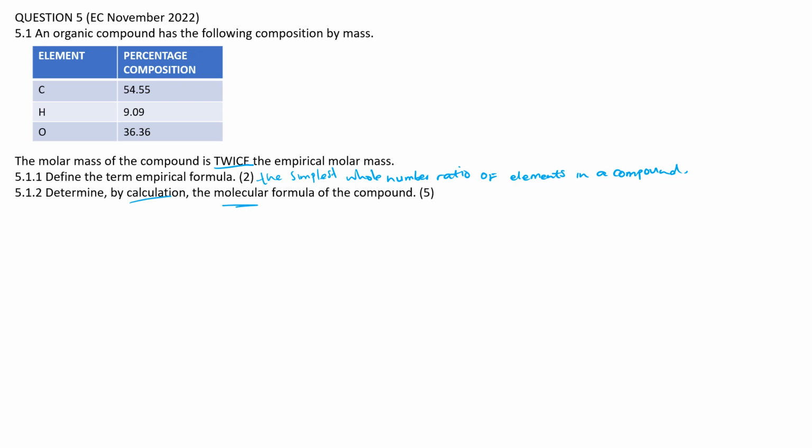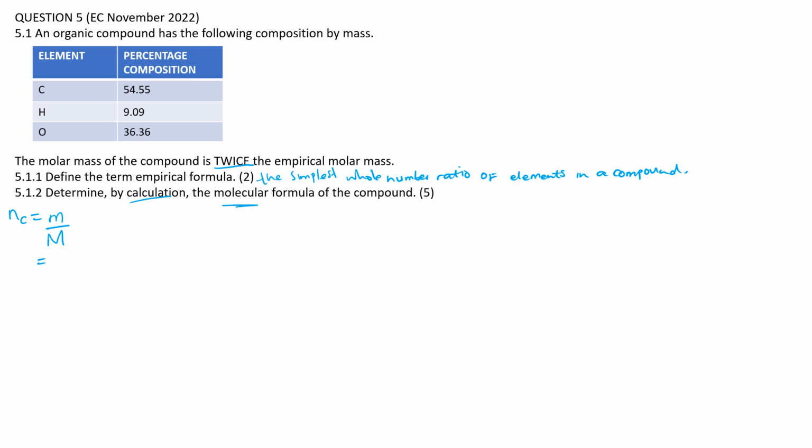So we calculate the number of moles of carbon. Let me start with the formula because I wouldn't want you to calculate without showing the formula. Don't make the mistake of thinking that's the right thing to do. The number of moles of carbon will be the mass of carbon over the molar mass of carbon.